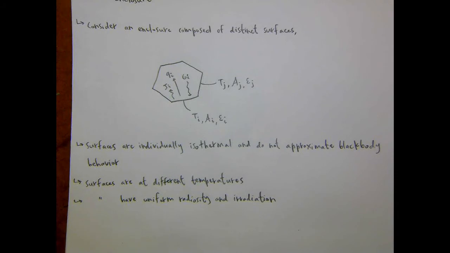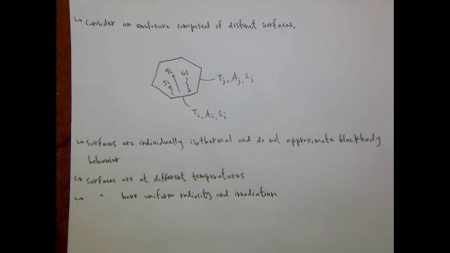So that just means that the radiosity, for example, could still vary with direction and wavelength, but it just means that every point on the surface will have the same characteristics. So it'll have the same kind of spectra and directional radiation emitted from it. Okay, so that's the difference between uniform versus diffuse or gray.